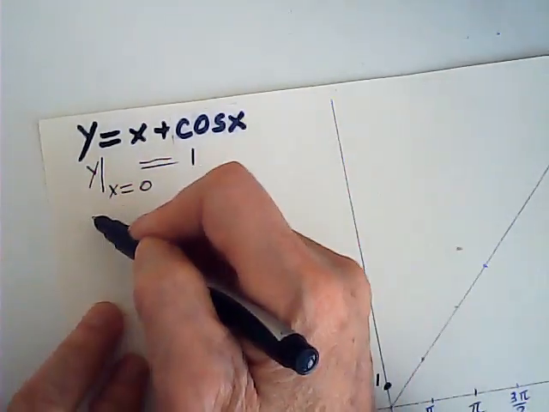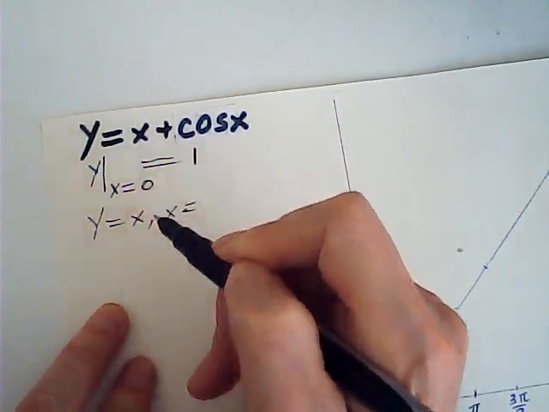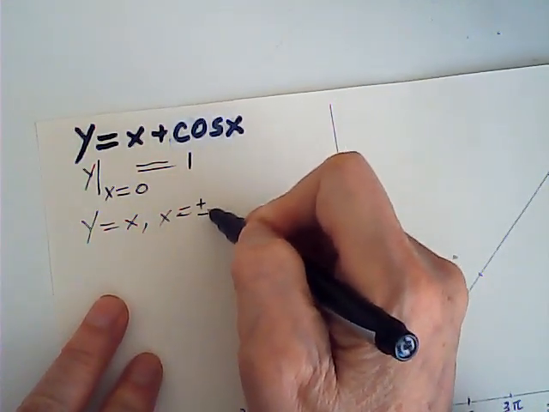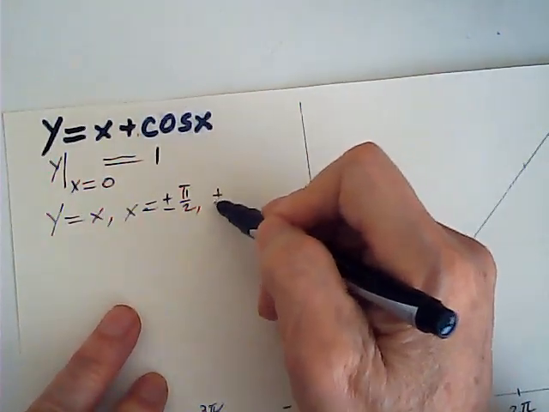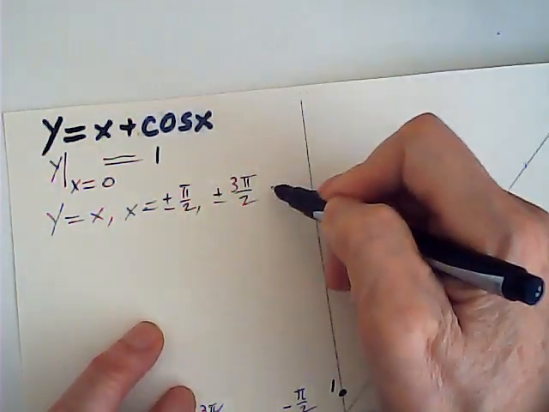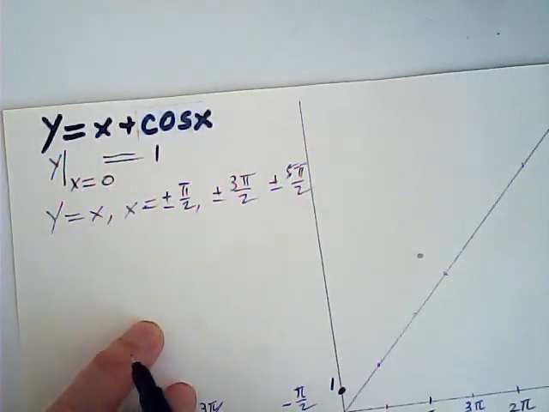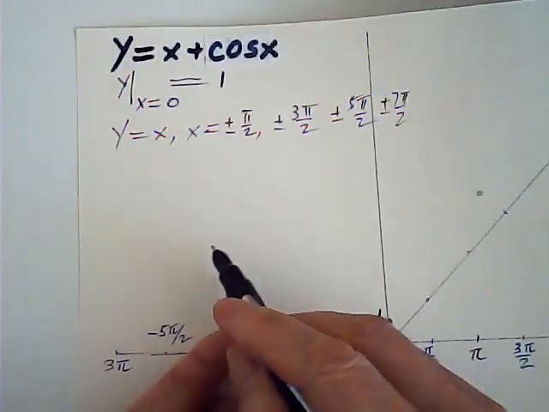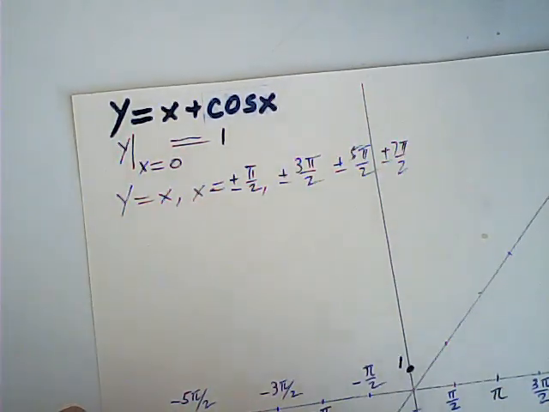Now, y is equal to 0, then x is equal to plus or minus pi over 2 and plus or minus 3 pi over 2, and plus or minus 5 pi over 2, and plus or minus 7 pi over 2. Because we have to consider the whole entire domain, right? The curve is not symmetric.